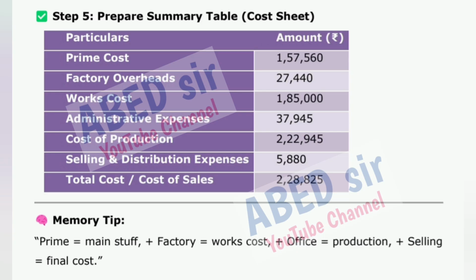Factory overheads 27,440. Works cost 1,85,000. Administrative expenses 37,945. Cost of production 2,22,945. Selling and distribution expenses 5,880. Total cost of sales 2,28,825.